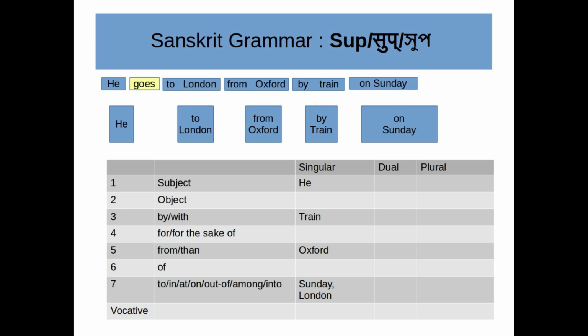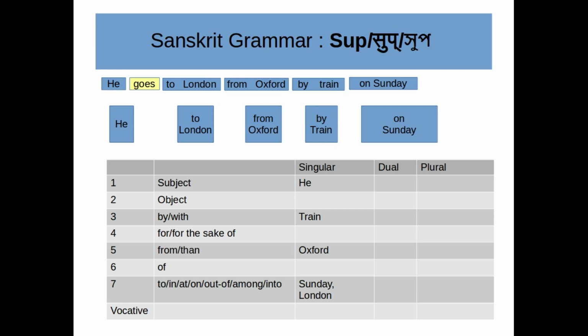In that way, using different words to, from, by, on, we connect those words in the sentence to convey a meaning. In Sanskrit, the same process would be done by sup vibhakti. There are 7 sup vibhaktis, and 7 for singular, 7 for dual and 7 for plural.